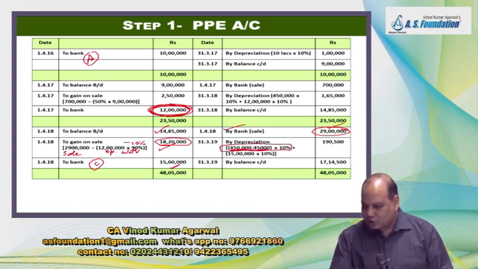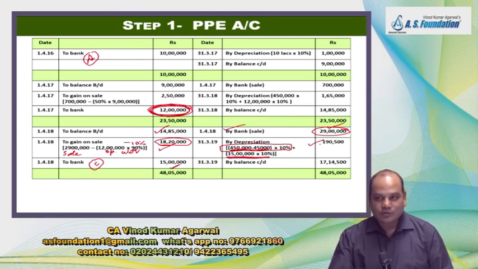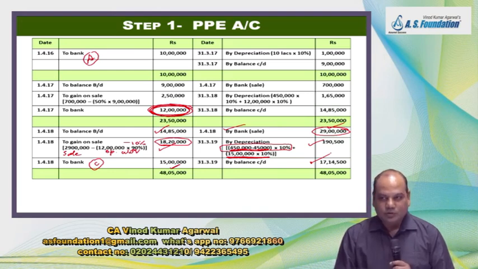This is the depreciation on the first machine and this is the depreciation on the third machine, 15 lakh into 10%. Have you got 1,90,500? Correct? Correct. Yes. By balance carried down 17,14,500. Got it right.